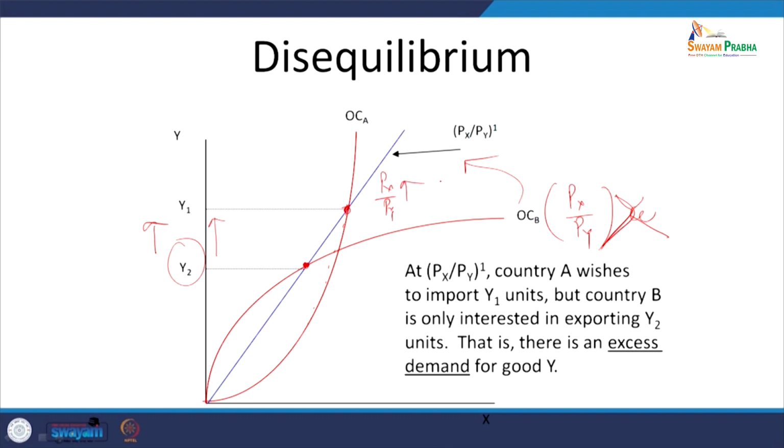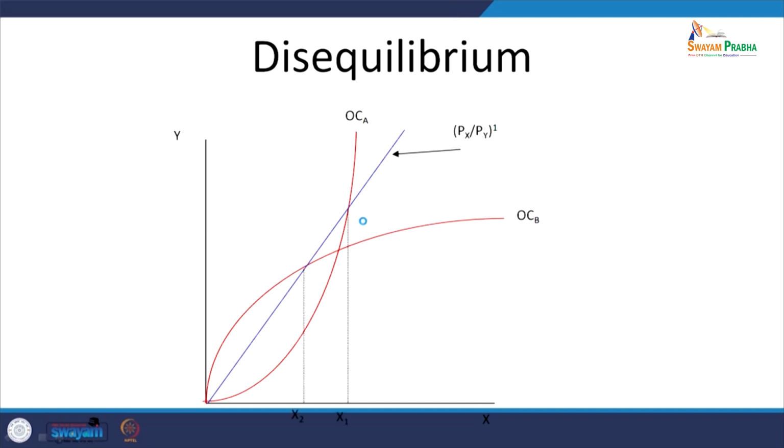But for the other country it is just the reverse, Py by Px, so here we are saying Py prices will rise. Py by Px will rise and reach this level. So, there will be a new offer curve, and accordingly a single price is established, and that will define the equilibrium price level.